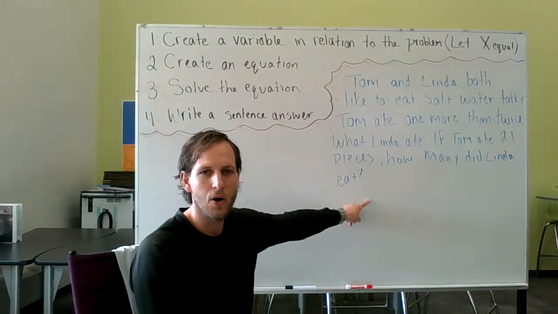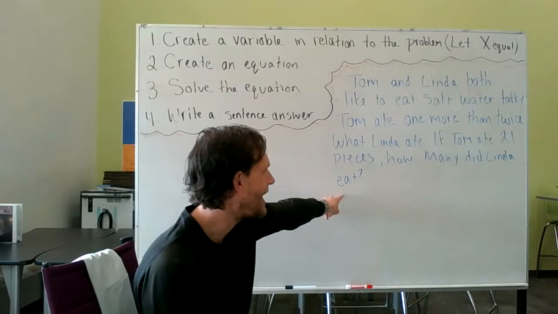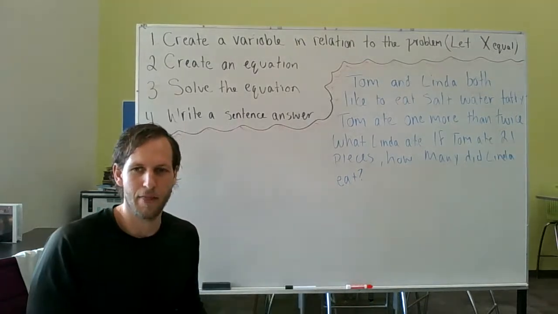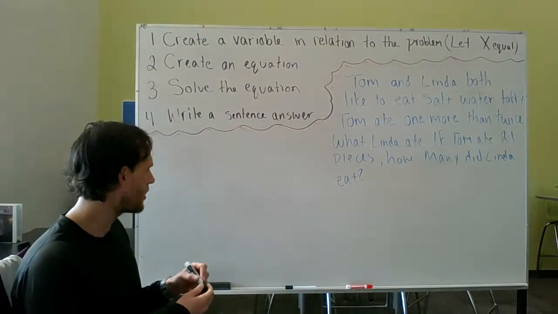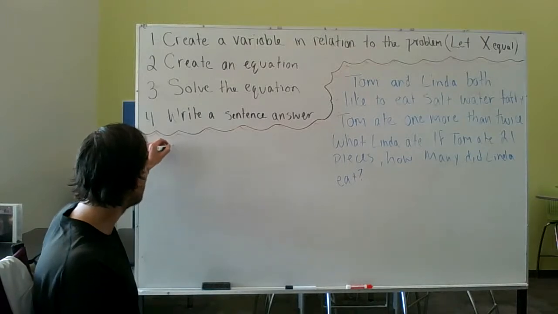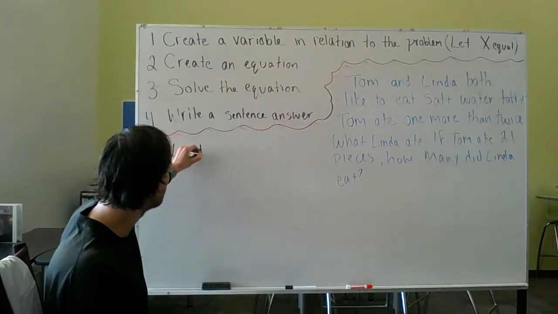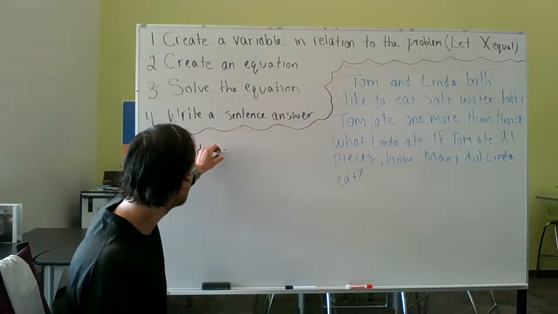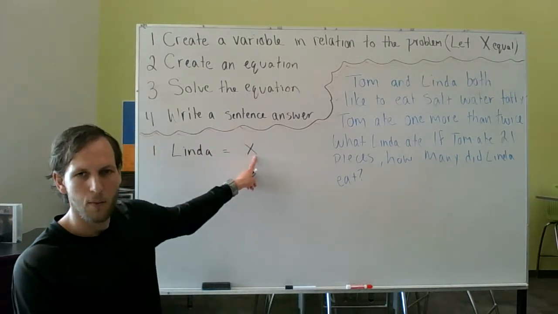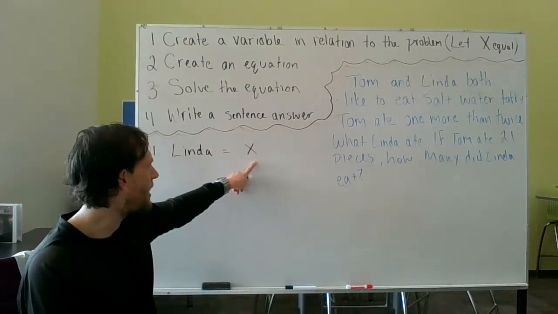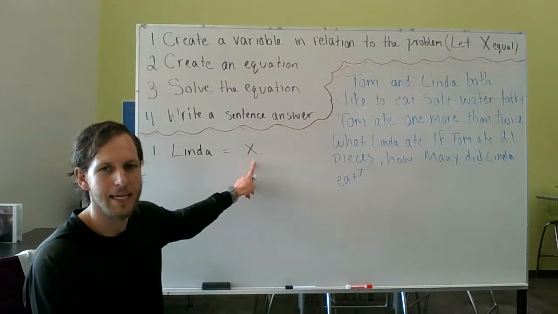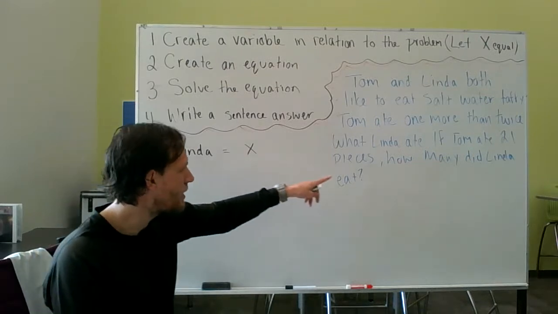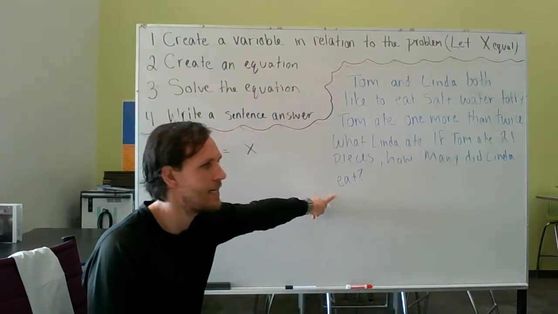We do not know how many Linda ate, because it's asking for that information. So in order to solve for step 1 here, I'm going to write down Linda is equal to x. Whenever we see the x in our equation that we generate, that's going to talk about Linda. Linda is going to be x. We do not know how many pieces Linda ate.